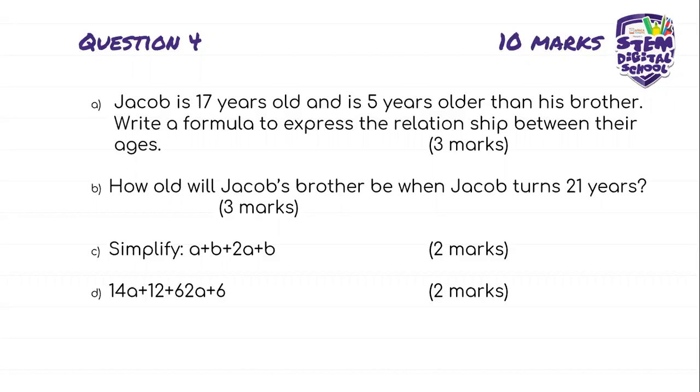Remember, 2 plus 4 gives you 6, and 6 plus 1 gives you 7. So you'll have 76a plus, if you add 12 to 6, you will definitely get 18. So the final answer will be 76a plus 18, right? That's how we proceed with that one.